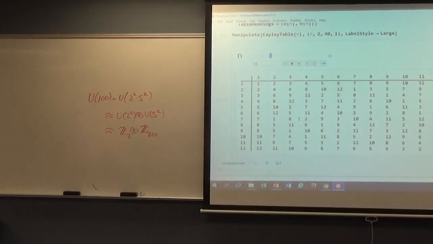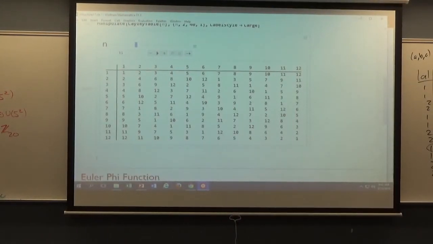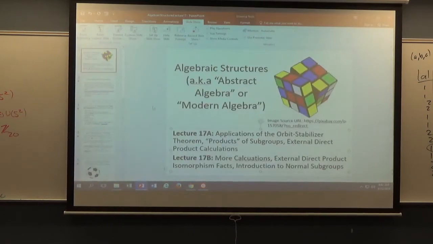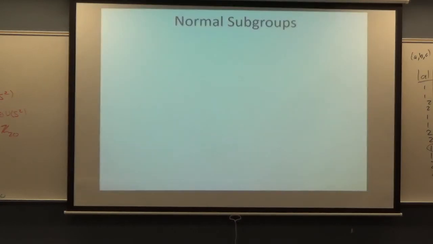All right, in the time remaining, we're going to start the next chapter and introduce the idea of a normal subgroup. Probably chapter 9 is the weirdest chapter. Normal subgroups are kind of a weird concept.